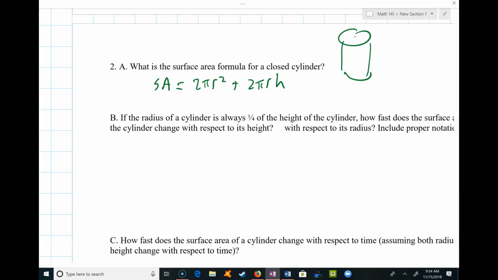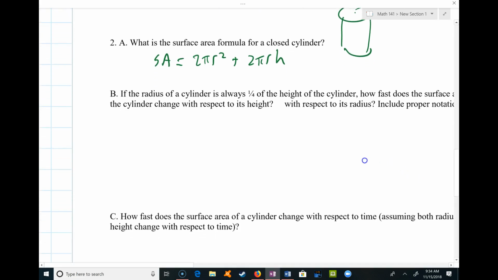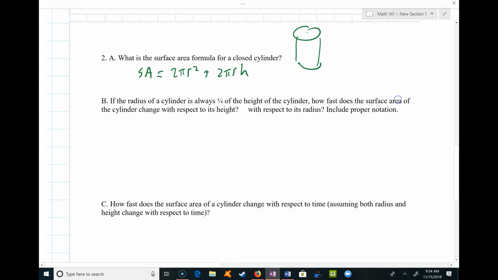Yeah? Okay. So it says, if the radius of a cylinder is always 1/4 the height of the cylinder, how fast does the surface area of the cylinder change with respect to its height? Include proper notation. Oh, that's easy for you to say. Okay. So you can see this is a related rate question because it's talking about how fast something is changing compared to how fast something else is changing. Yes? Do you see that?